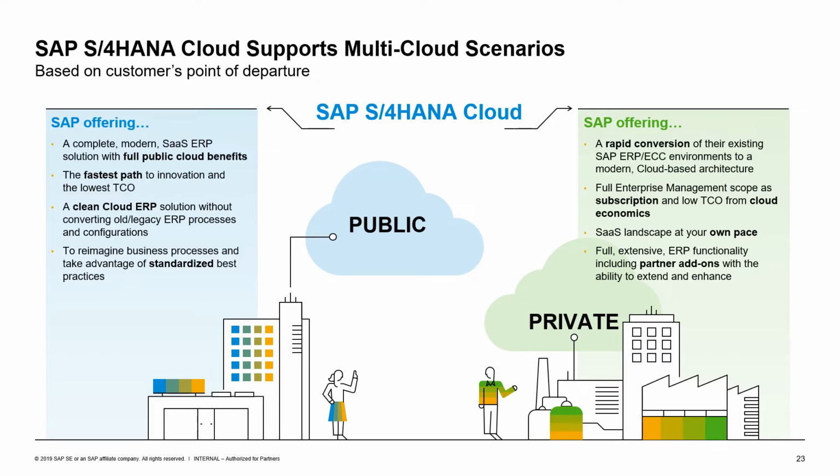The SaaS landscape can be set up at their own pace, and they get the full extensive ERP functionality, including all of the partner add-ons, line of business, and industry add-ons with the full capability and ability to extend and enhance. And this is where you come in with your partner extensions and add-ons.